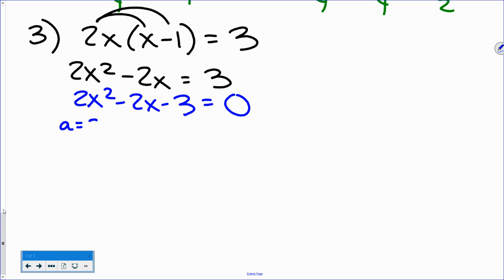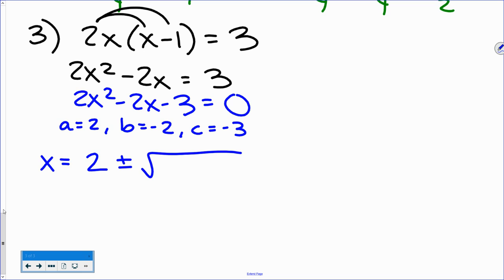If it helps you to write down what A, B, and C are before you start, go for it. If it's not helpful, just start your formula. Up to you. All right, this time I have a negative 2 for B. So I'm going to do the opposite of negative 2 and use positive 2, plus or minus.